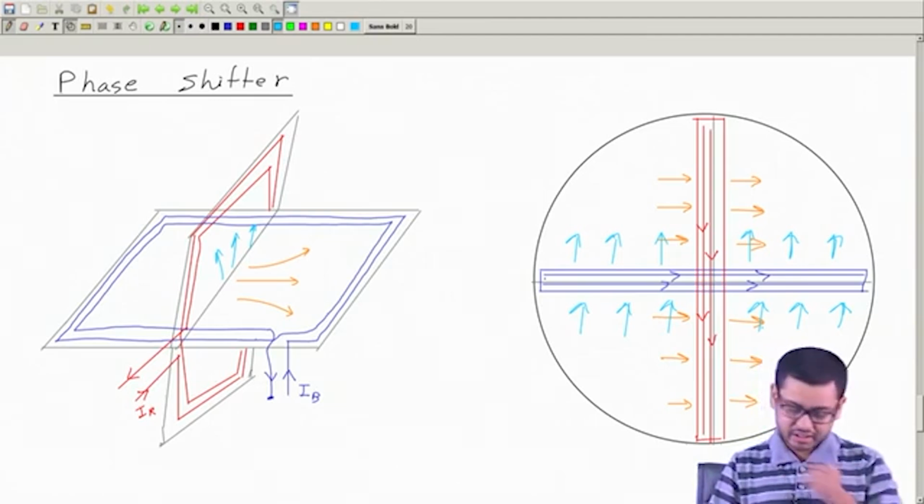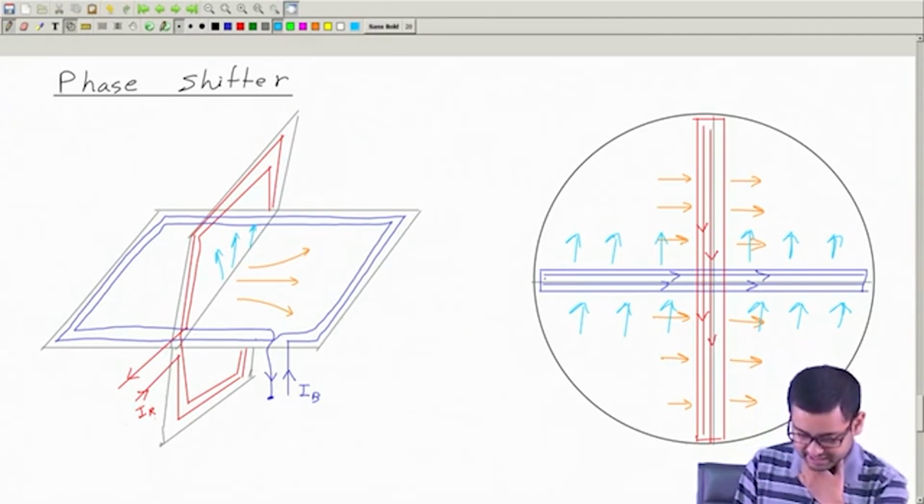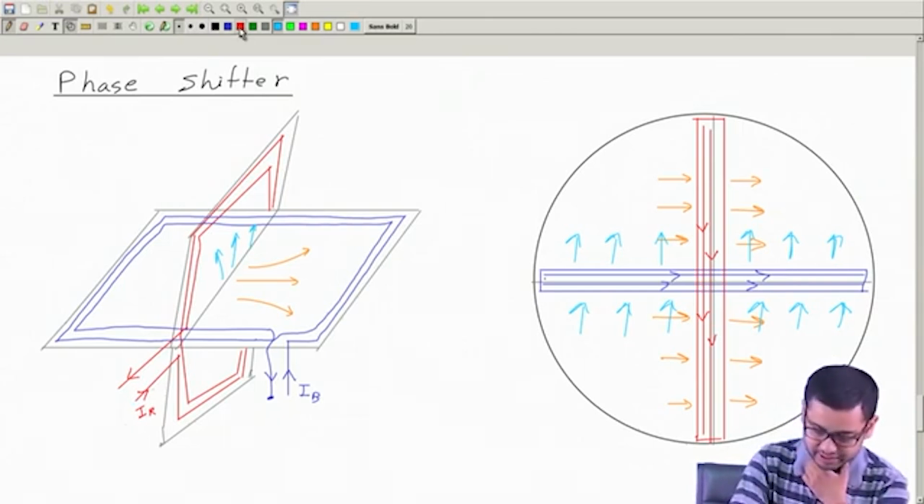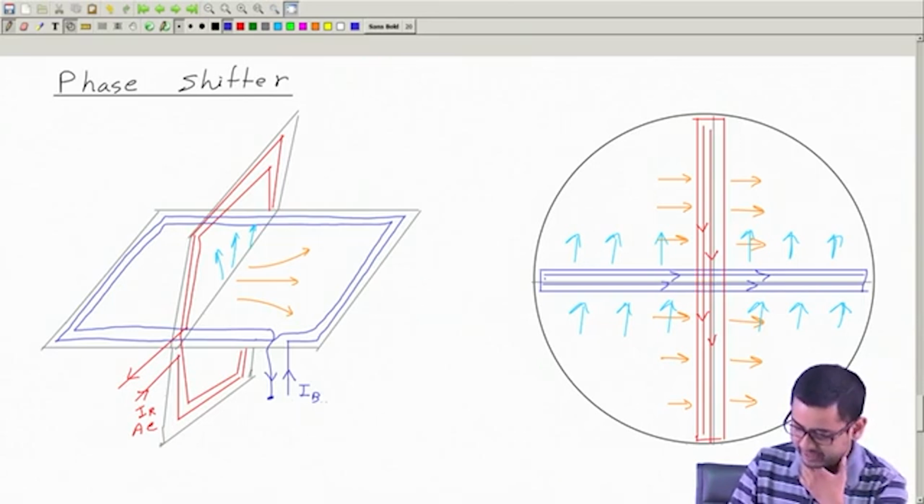Okay. Now, if I pass AC currents, say this IR is AC, this IB is also AC, and say these two are at 90-degree phase.